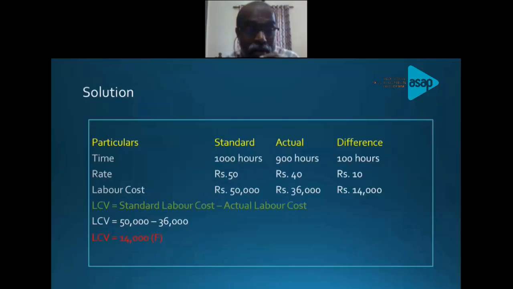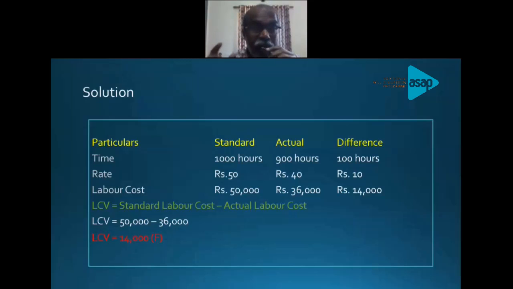But you, as the supervisor of the laborers, have spent only 36,000 for completing this job. So we have spent less than the standard. When the actual cost is lower than the standard cost, the variance will become favorable.